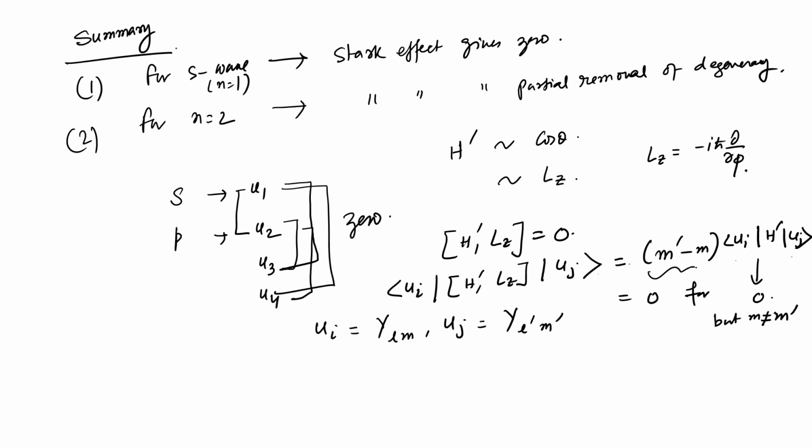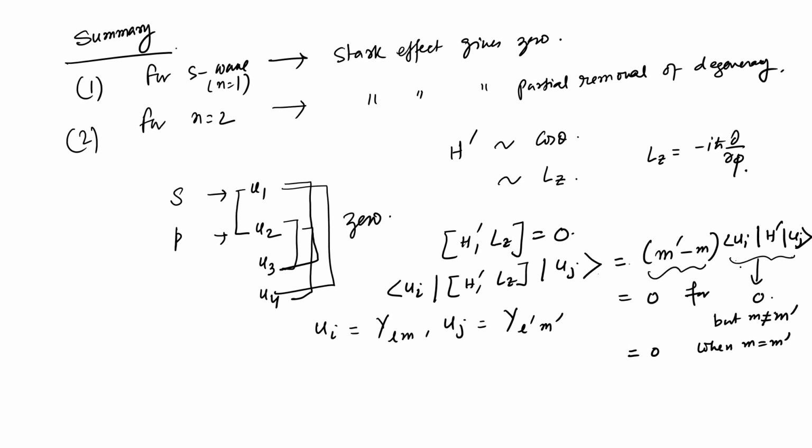So, it is not 0 because of that, but it is 0 because of this, and in the other case this is equal to 0 when M equal to M prime, and that is why all these are 0 excepting the one. See, 3 and 4 are 0 because M is equal to M prime.